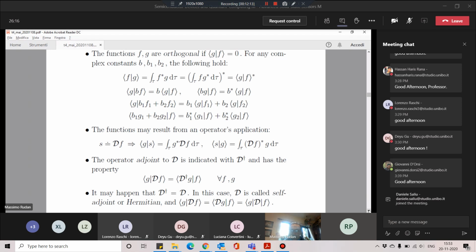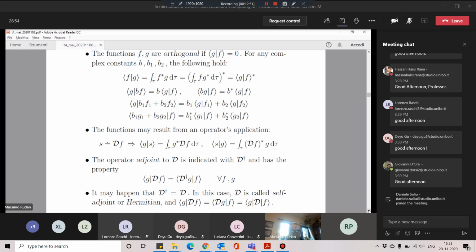And you remember that also for matrices it is important to specify whether the matrix is placed on the left or on the right in a product. The adjoint operator in the language of matrices is the transpose conjugate. So in the language of matrices, d dagger would be the transpose conjugate of matrix D.